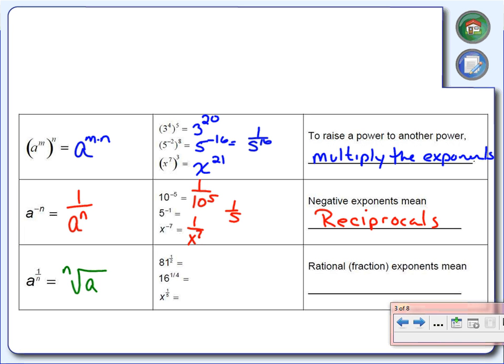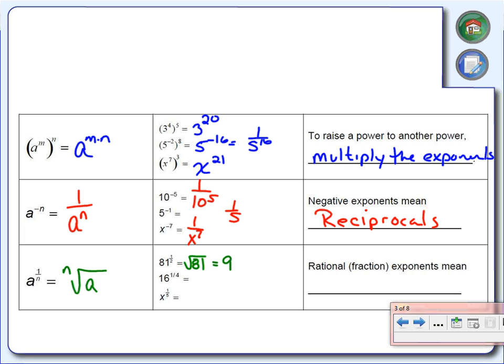So if you look at the examples they've given us, we've got 81 to the 1/2 power. Well, we said yesterday that that 1/2 exponent means the same thing as what? Square root. So that's the same thing as asking you for the square root of 81. Anybody know the square root of 81? So the square root of 81 would be 9.